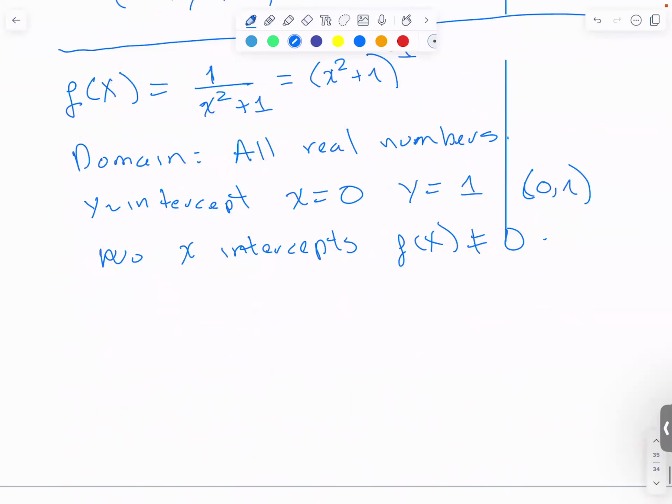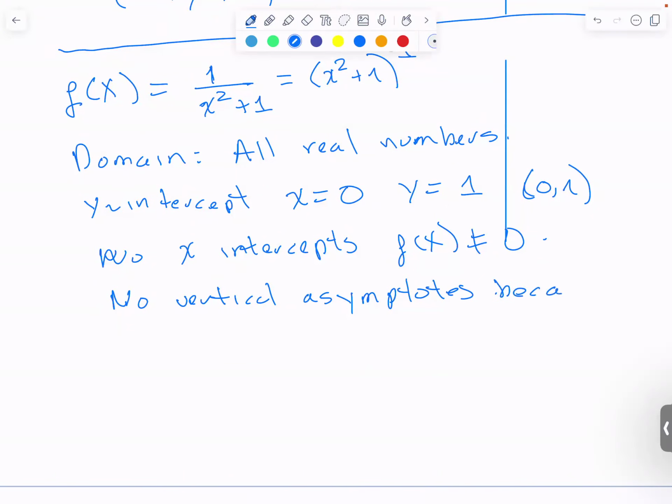Now, vertical asymptote: no vertical asymptote, because the domain is all real numbers, and the vertical asymptote is never in the domain.